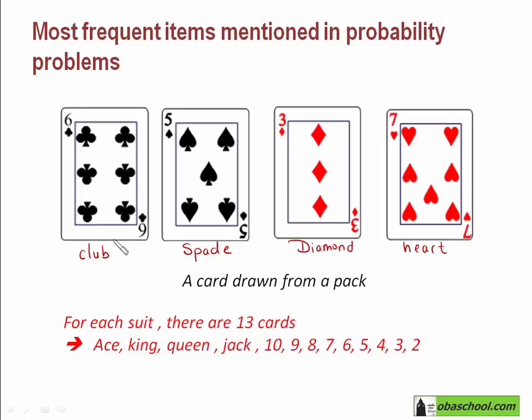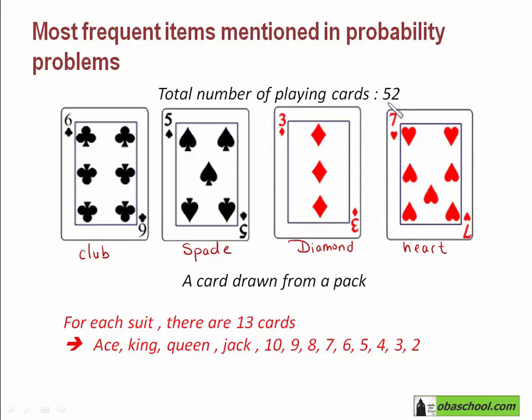In each suite, there are 13 cards, which are ace, king, queen, jack, 10, 9, 8, 7, 6, 5, 4, 3, and 2. Since I have 4 suites, and in each suite there are 13 cards, the total number of the playing cards is 52.